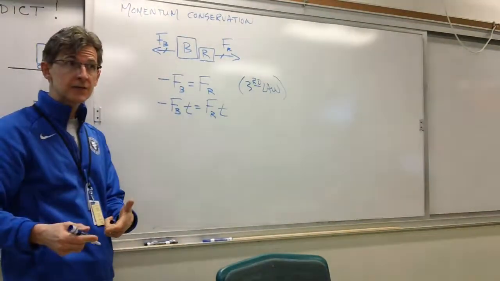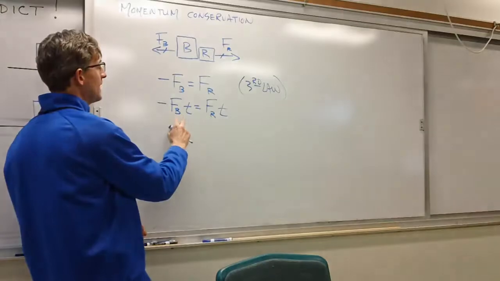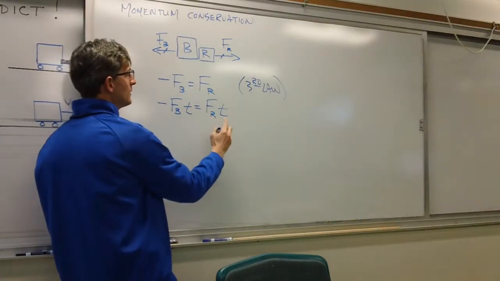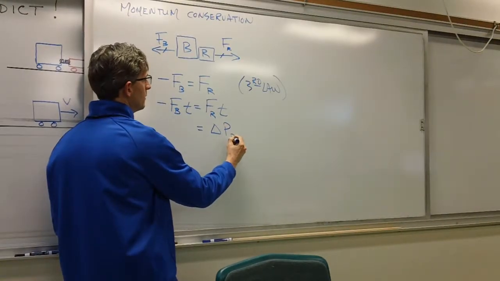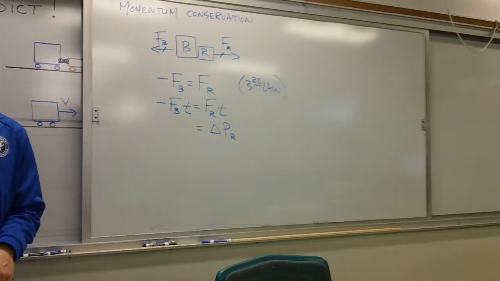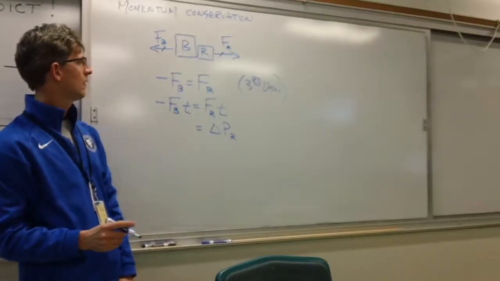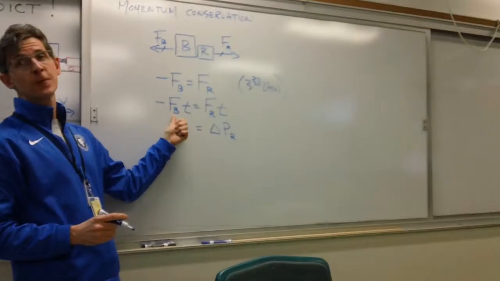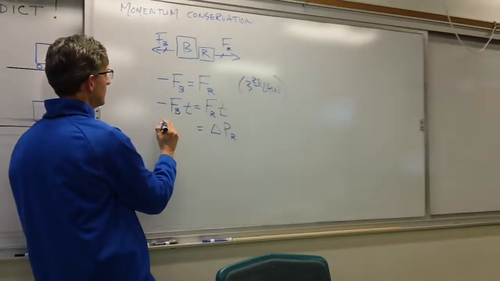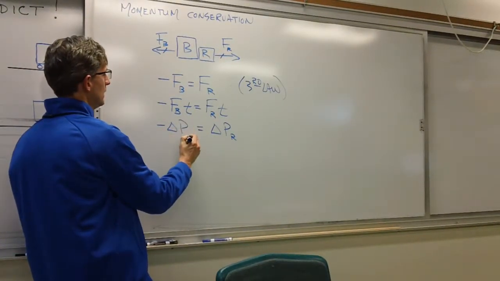My next couple of lines go to momentum. The force on red times t is equal to the change in red's momentum, delta P for red. On the other side, the force on blue times time with a negative in front would be negative delta P for blue.